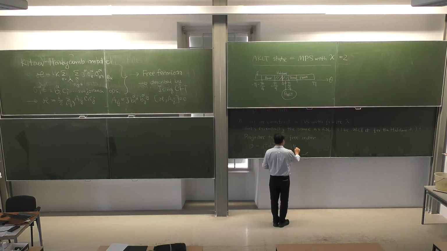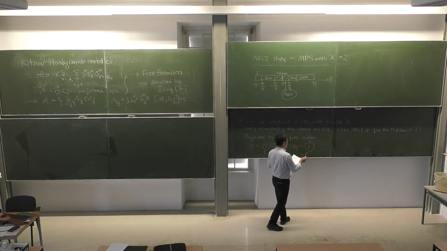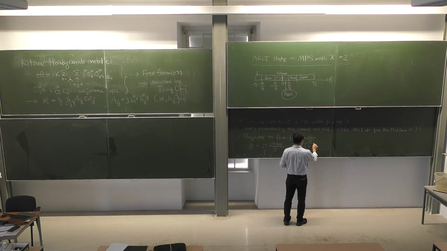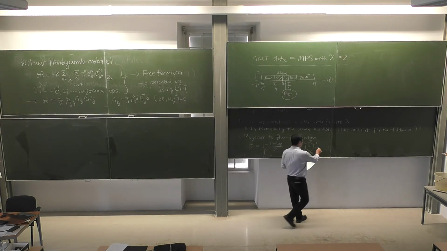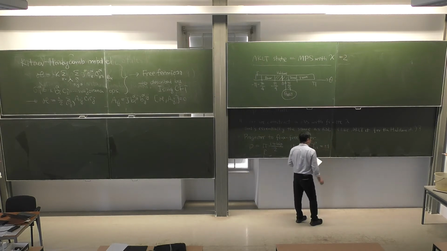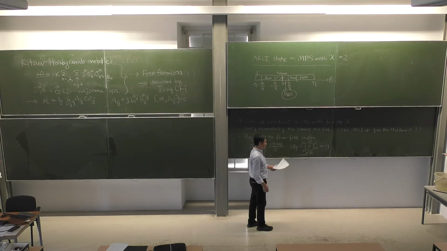And this is the flux operator for each plaquette. This is basically the product of 6 Pauli operators, sigma x, sigma y, and so on. And this takes 2 eigenvalues, plus or minus 1. And this projection operator is supposed to project all states into the state in which all fluxes are 1.